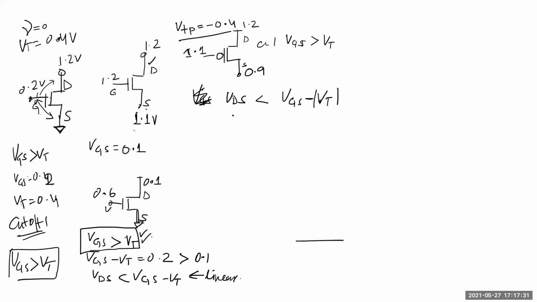So what is the condition there? VT should be greater than VGS, or VGS is less than VT. Why is it the opposite in NMOS? Because VT in PMOS is negative.